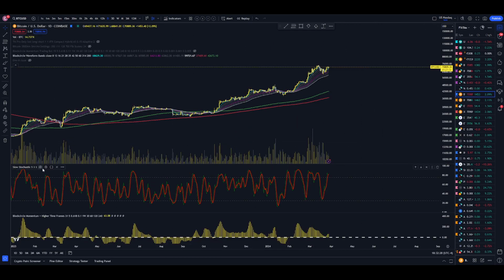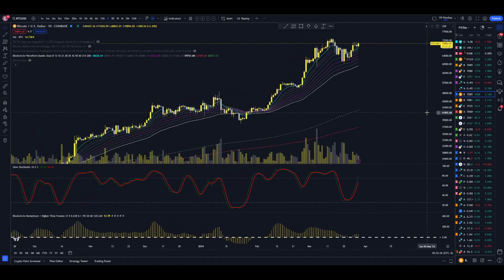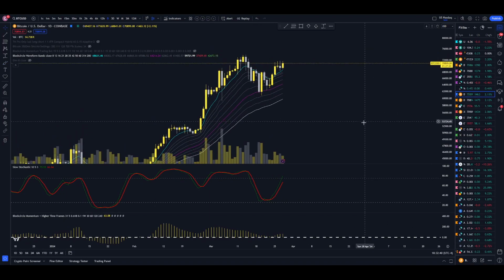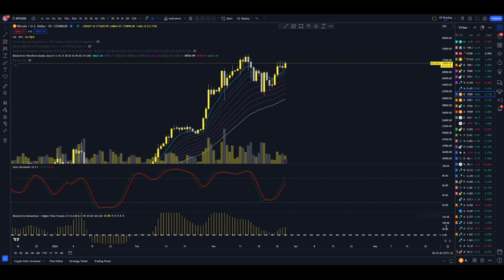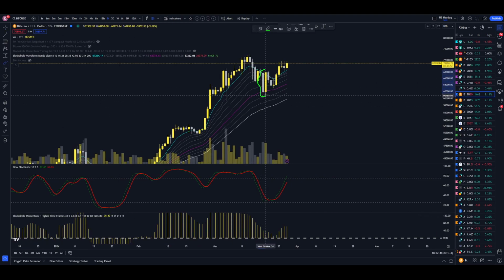Again, whether you want to use the 5-3-3 setting or the 10-5-3 is a bit smoother. In general, I mean, just check this out. Even just last week, a super simple, clean setup, right? We get the bullish engulfing right into the bands. We get another pullback and another bullish engulfing, albeit a little bit of a delayed one.